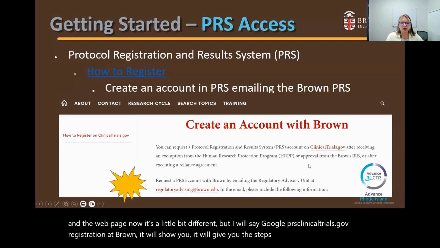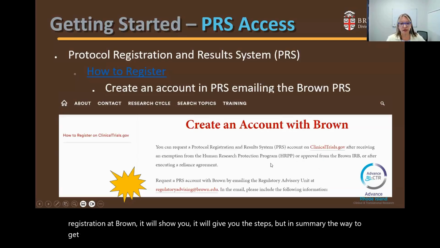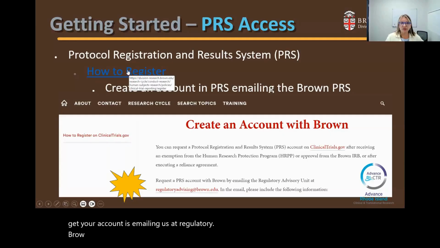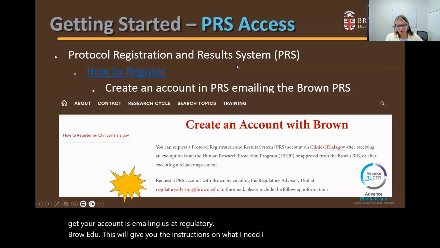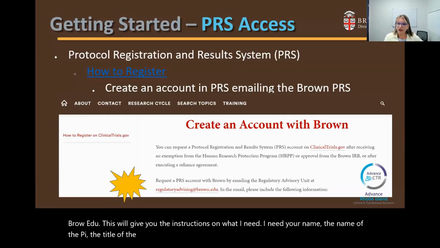But in summary, the way to get your account is emailing us at regulatoryadvising@brown.edu. This will give you the instructions on what I need. I need your name, the name of the PI, the title of the study, the IRB approval letter, and other items. Those items are listed there. So that is the process.